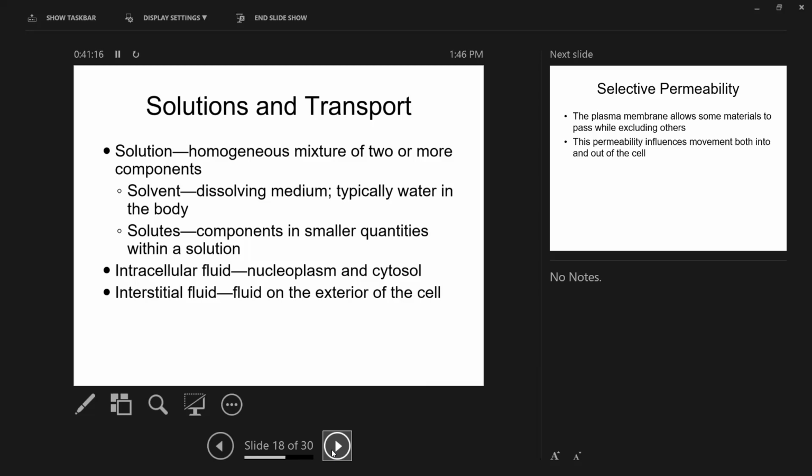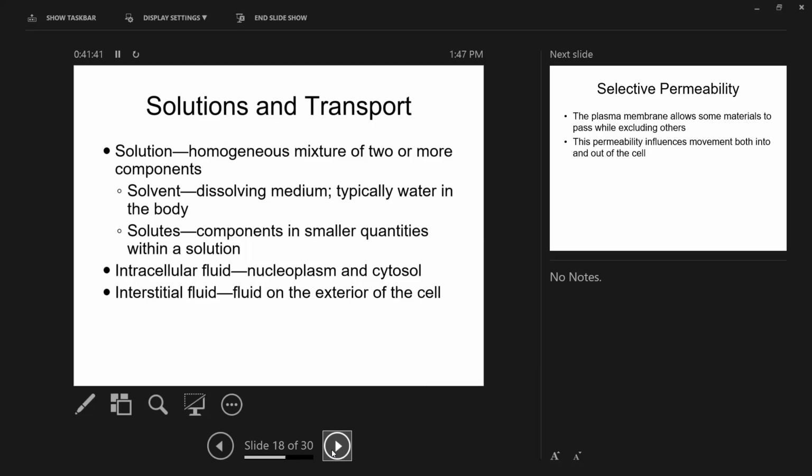And when we have a solution, the solution can either be inside the cell, which is the intracellular fluid, inside the cytoplasm, inside the nucleoplasm. So the cytosol is the fluid inside the cell. The fluid inside the cell balances the fluid that's outside the cell.